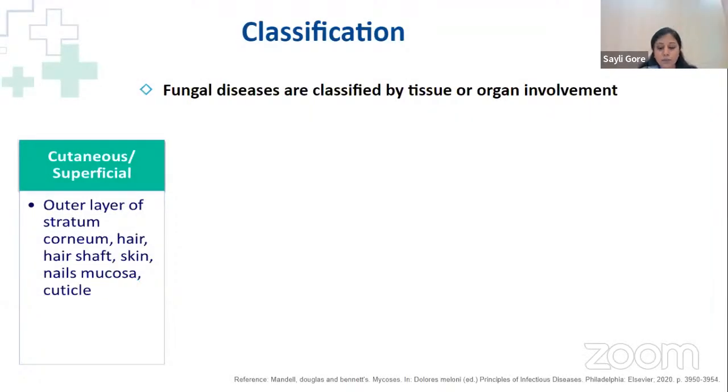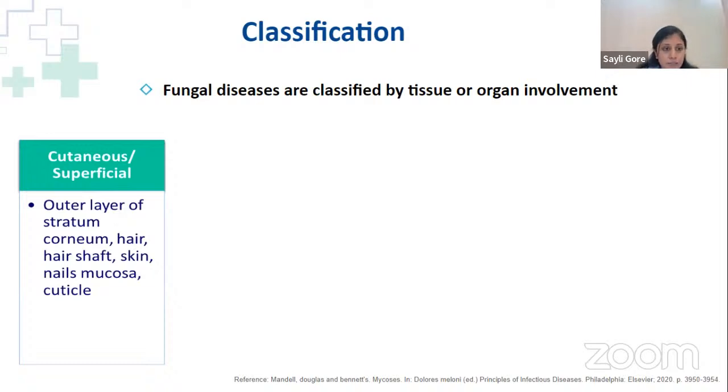Fungal diseases are mainly classified by the involvement of different organs and tissues, and they are very difficult to treat because they share similar cell biology with us. I'll quickly take you through the four different types of fungal infections.